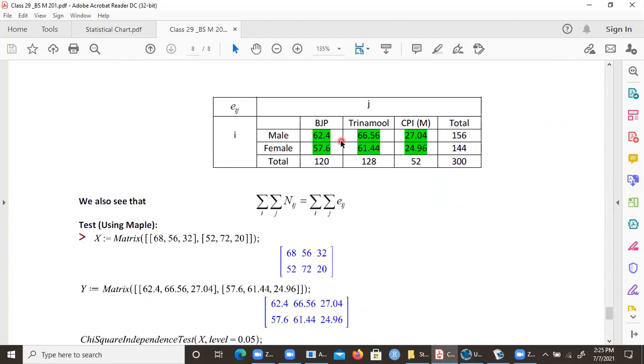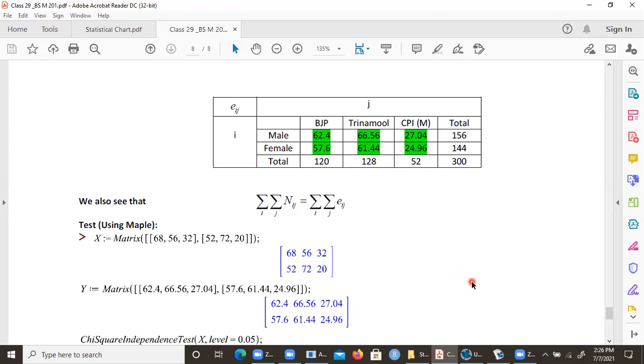Now you have to take this pain to calculate these values. I have not checked whether you can easily calculate the expected frequencies using statistical software or not. But you can take help of other available software, like Excel. You can write a very short program in Excel and quickly calculate these expected frequencies that I have done manually, because the matrix is of smaller size.